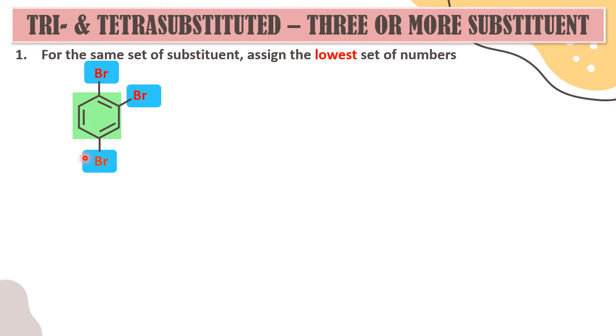With three bromines, we have tribromo. For the numbering, this carbon will be carbon number 1, then 1, 2, 3, and 4. So we have a combination of 1, 2, and 4, and we're going to name this 1,2,4-tribromobenzene.